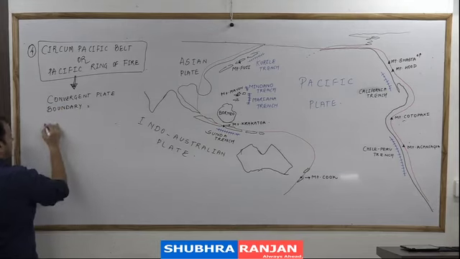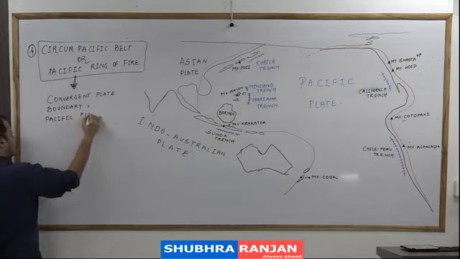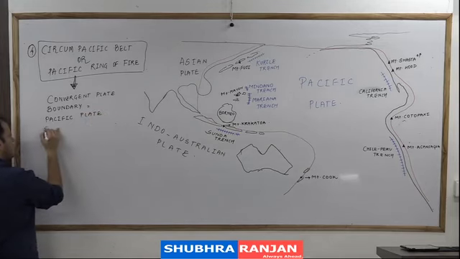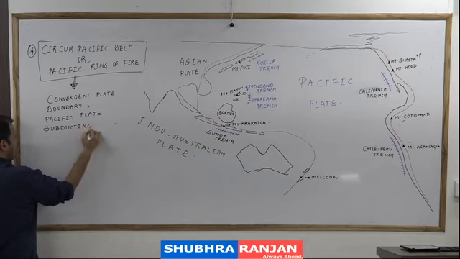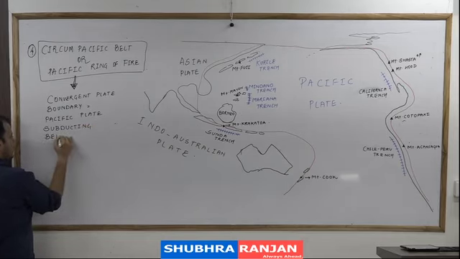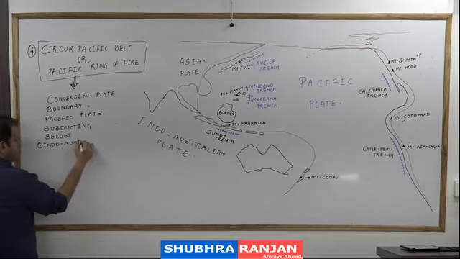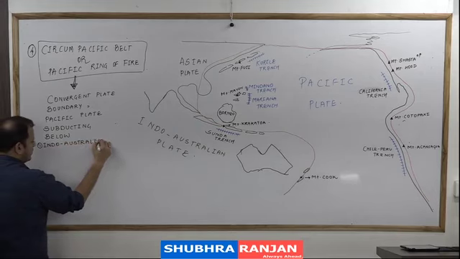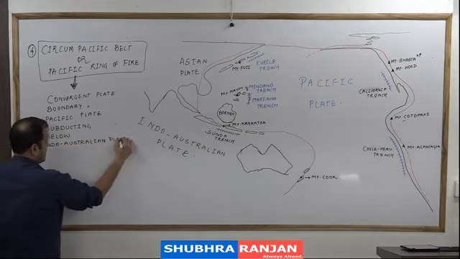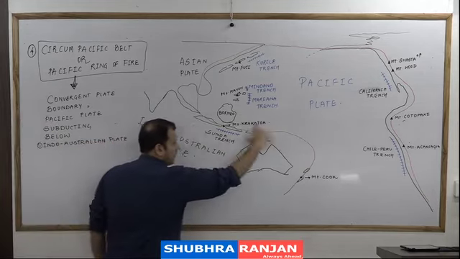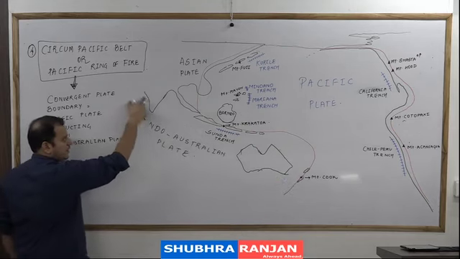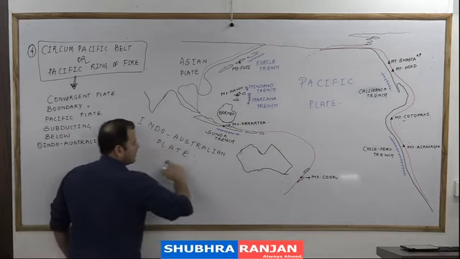Where the Pacific plate is going below, or subducting, below the Indo-Australian plate. Where is it subducting below the Indo-Australian plate? In this entire region. This is the Indo-Australian plate.